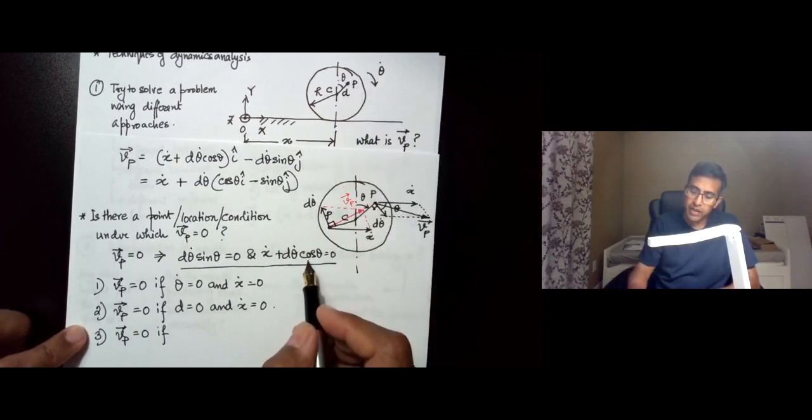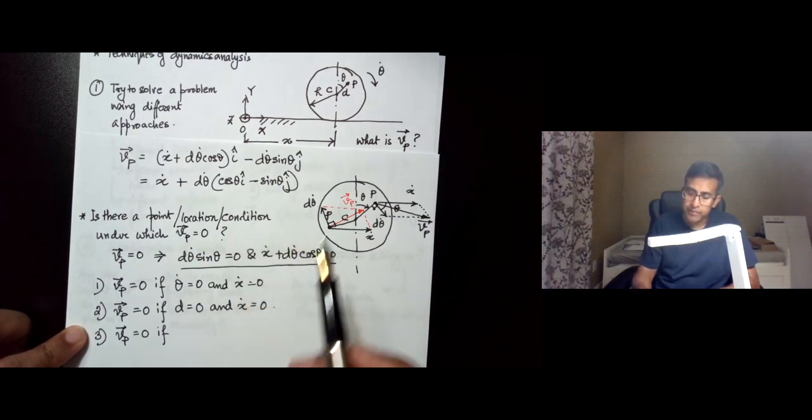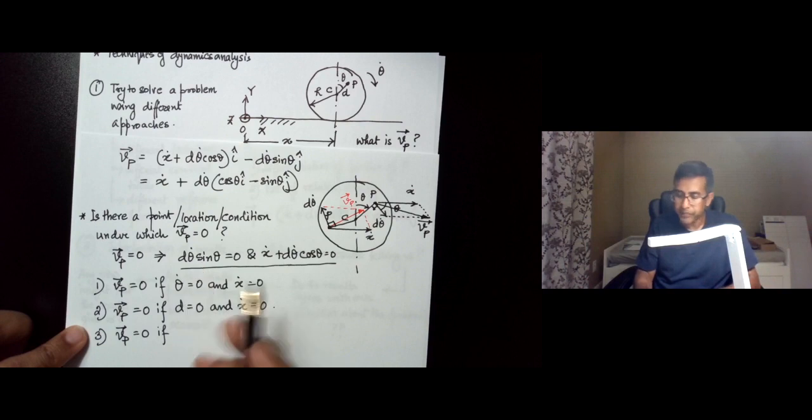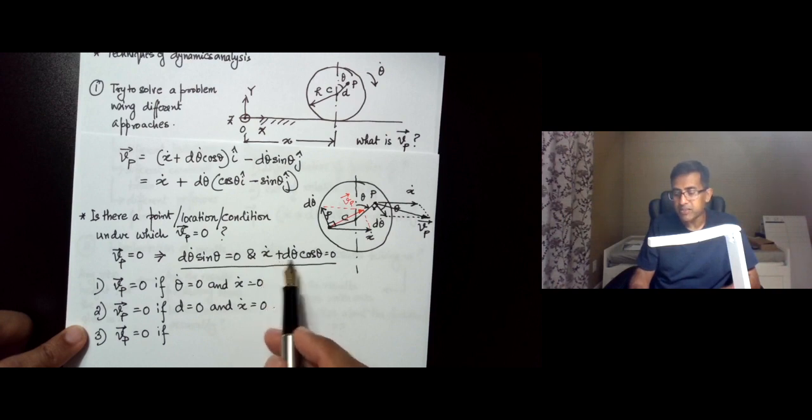So if I have the scenario where theta is equal to 180 degrees, or if it is 0 degrees, so think about it, when theta is equal to 0 degrees, then the velocity can be 0 if x dot plus d theta dot is equal to 0.